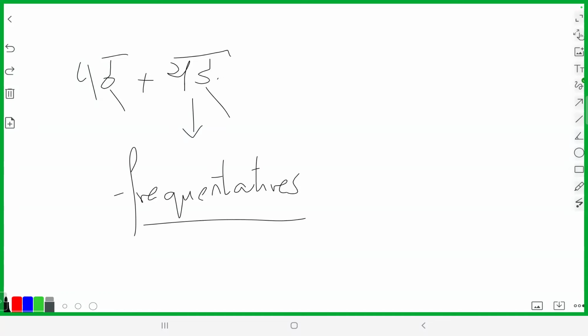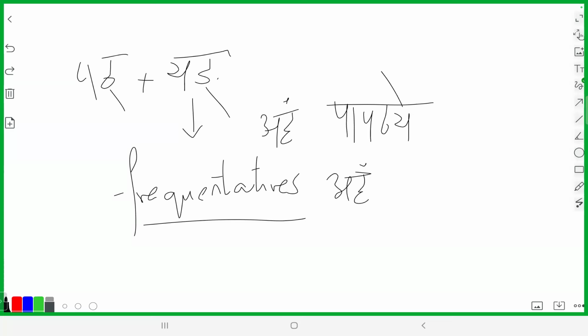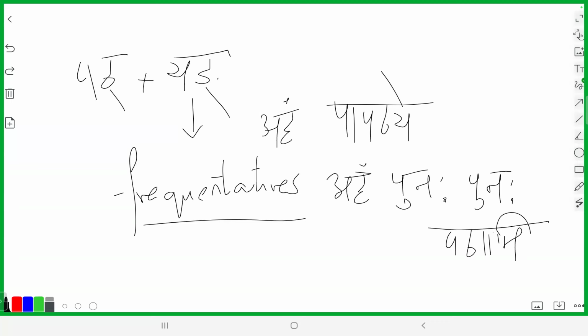For example, papatyate. Aham papatye will mean what? In conventional Sanskrit, you get punah pathami, I read again.